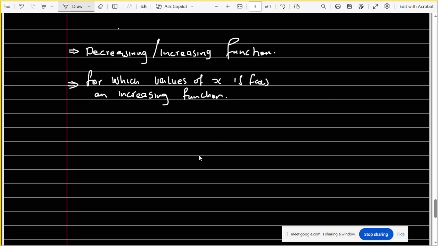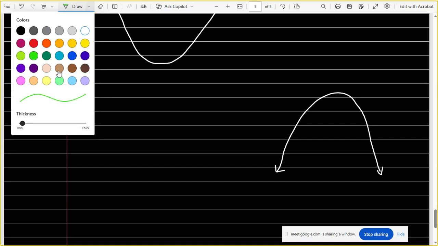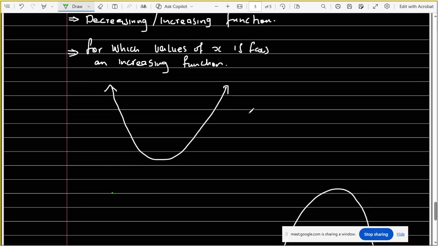So let's say that you have a graph like this, and then let's say that you have another one that is concave down. Listen, for a graph to be increasing, wherever you go up the slope, you are increasing.